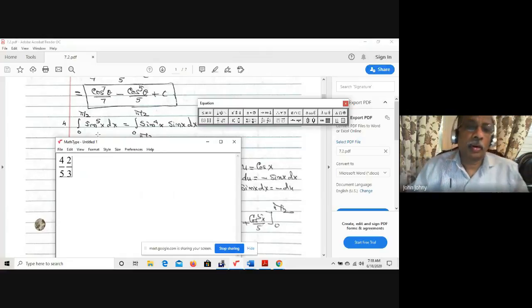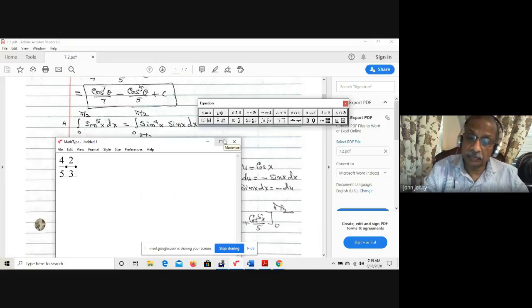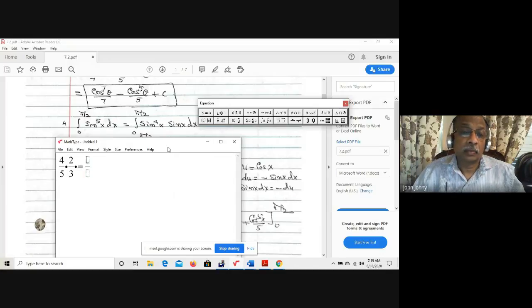If it is an odd number, then you multiply it by a 1. If it is an even number, the exponent is even, you have to multiply by pi over 2. So the answer in this case is 4 2s are 8 divided by 5 3s are 15. So that is the answer.